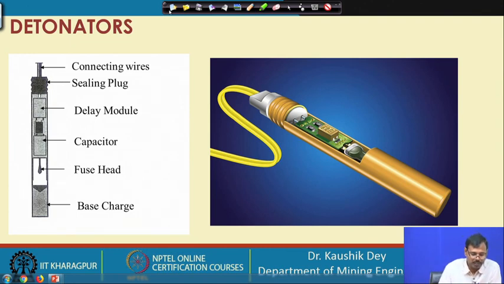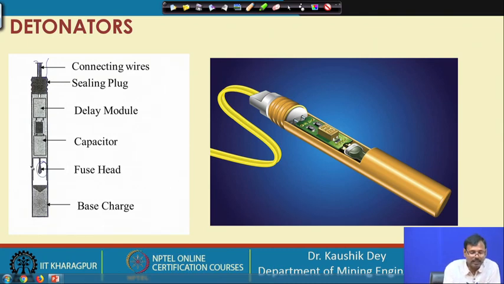You can see the delay detonator of electronic type, basically taking the current from the lead wire, then in that current path there is a delay module provided. That means it is the electronic delay programming set so that the delay is provided in the movement of the electrical pulse, and basically the delay is an electrical pulse delay prior to reaching the fuse head.